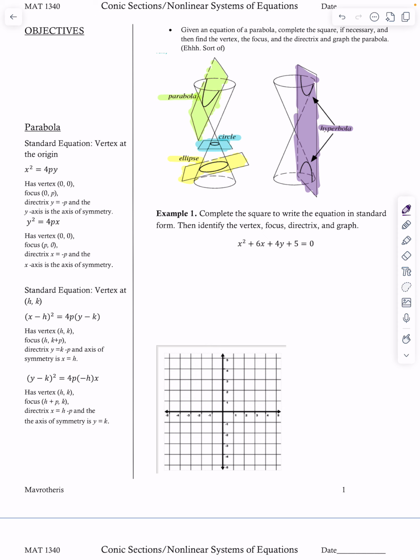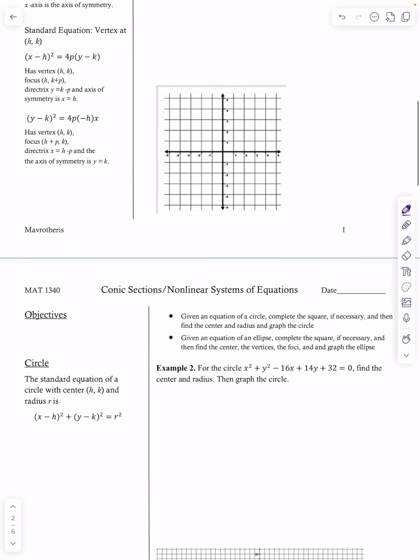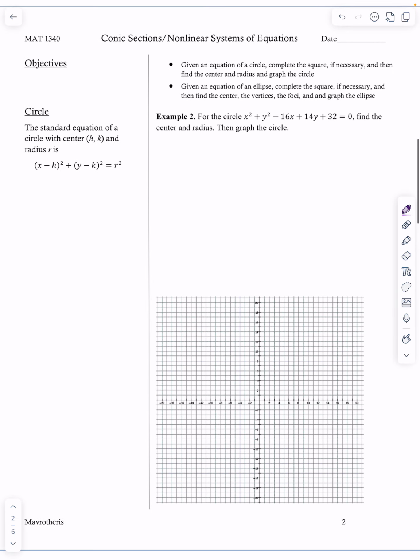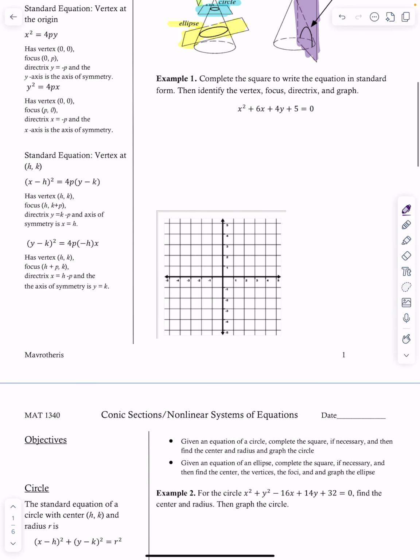This form, while useful, just kind of mucks everything up. So this is the one conic section we are going to bypass. If you have an interest in this, the notes are down the left-hand side, and we can talk about that later. We are going to go on to page 2.